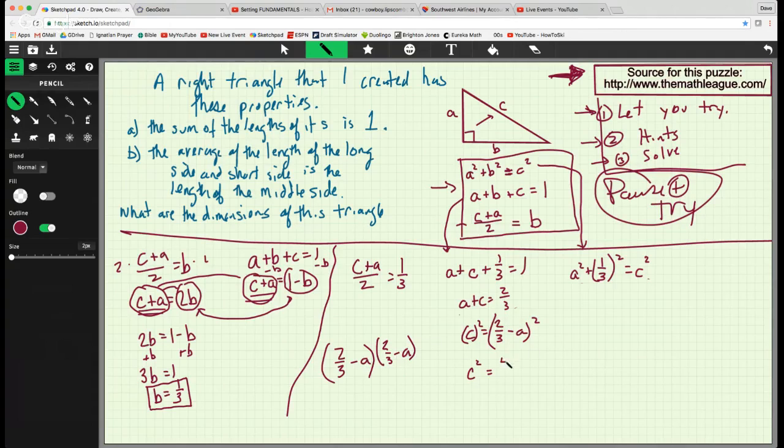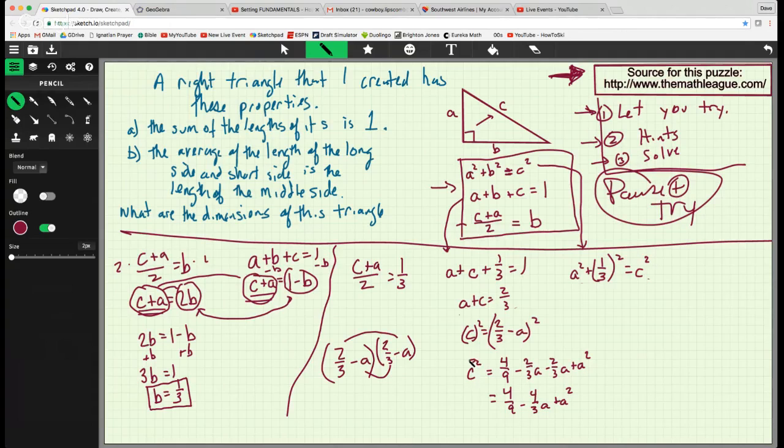So that's 4/9 minus 2/3 A minus 2/3 A plus A squared. So C squared equals 4/9 minus 4/3 A plus A squared.